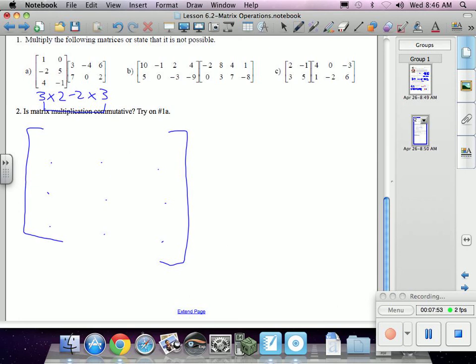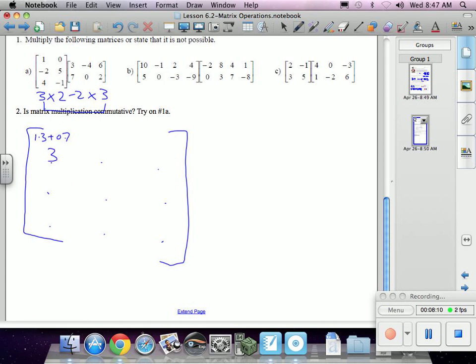Okay, the one that goes here is the one for multiplying the first row times the first column. So I'm going to say 1 times 3 plus 0 times 7, which is 3. Okay?